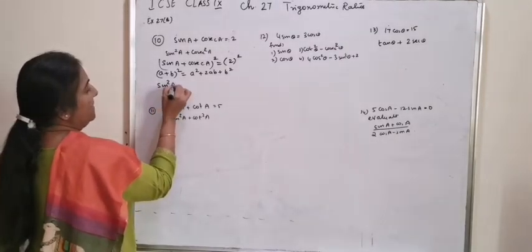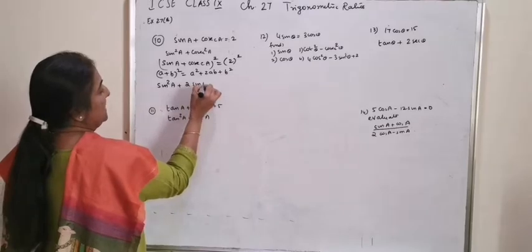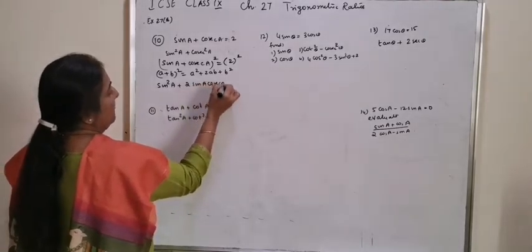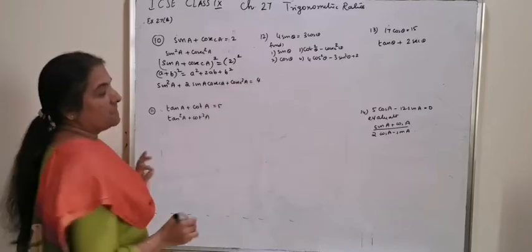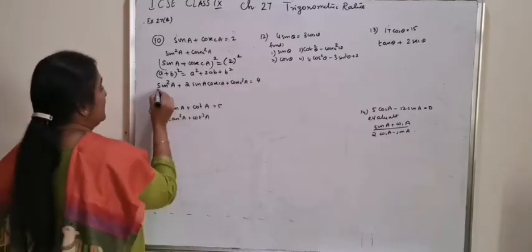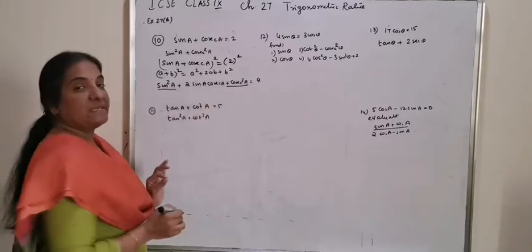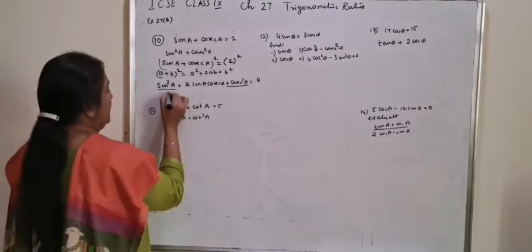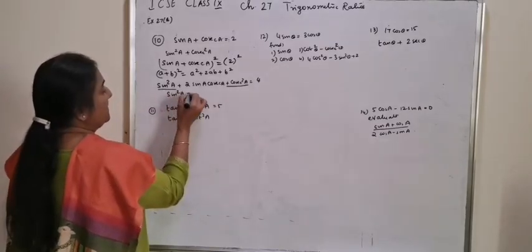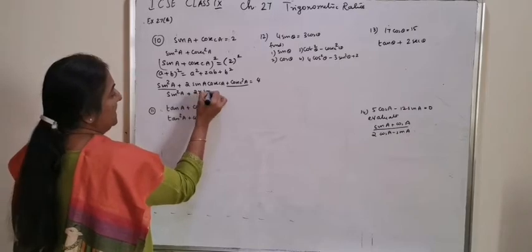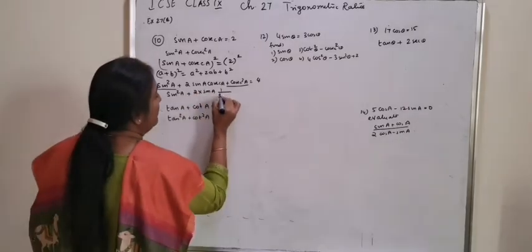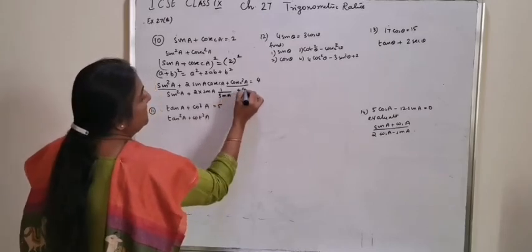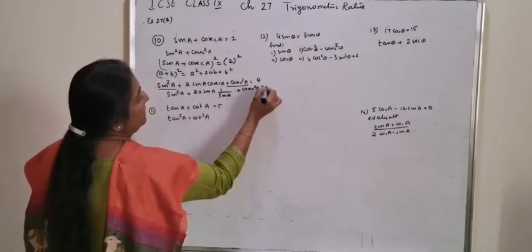Sin square A plus 2 sin A cosec A plus cosec square A is equal to 2 square, which is 4. The sin square A plus cosec square A is the needed value. So sin square A plus 2 into sin A into, what is the meaning of cosec A? It is 1 by sin A, plus cosec square A is equal to 4.